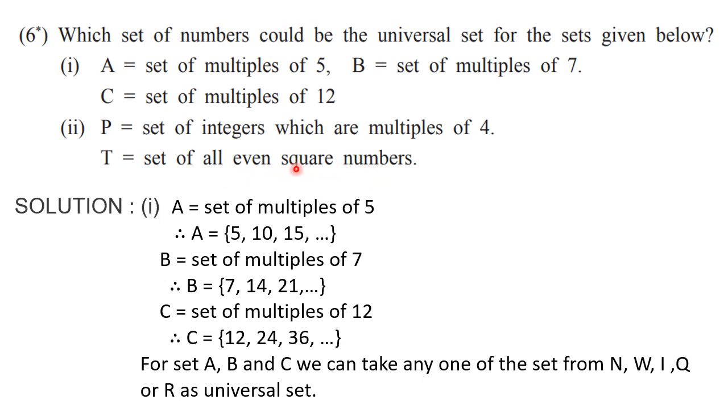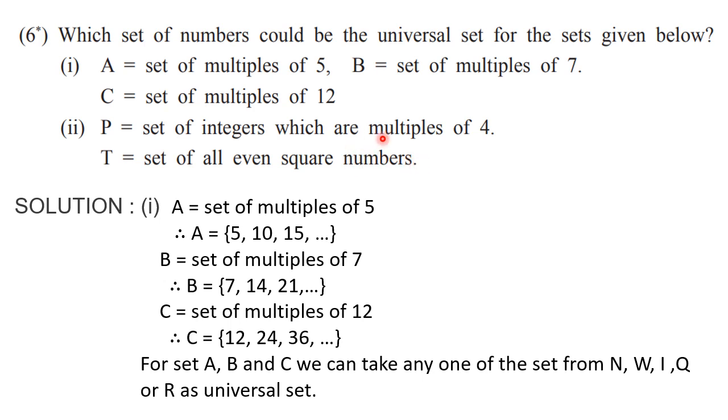The very first square number is 1, but it is not even. So you go further. The next perfect square is 4. It is even, so your set will start from 4. The next square number is 9, but it is not even. So the next number will be 16. In this way you are going to get infinite even square numbers.